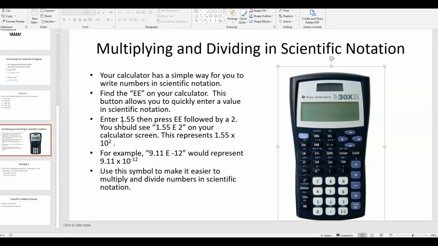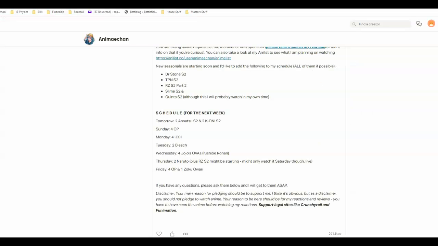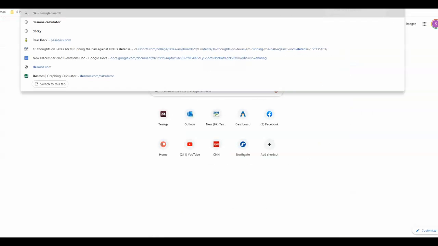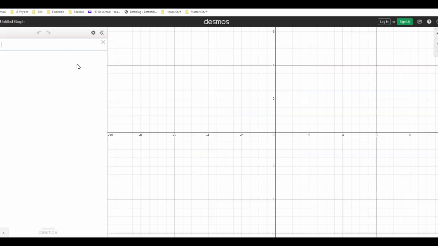So if I typed in 1.55 double E2, that would represent 1.55 times 10 to the power 2. Now, if you're using an online calculator like Desmos, let's go to the Desmos calculator.